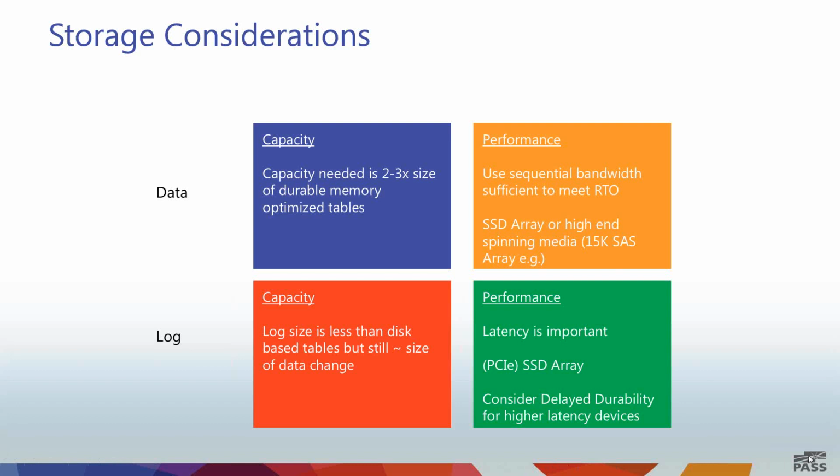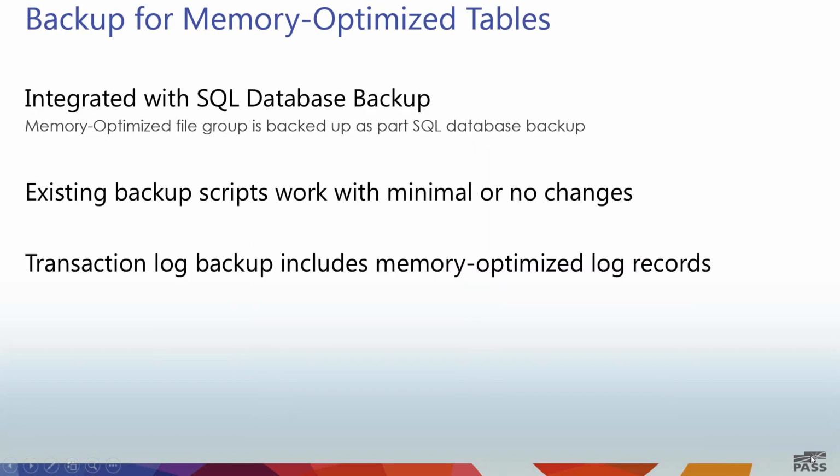So let's go to the next slide on backup. Backup for memory optimized tables is fully integrated with SQL database backup. The new file group is backed up as part of your database backup. If you do a full backup of your database, the file group is just going to be there. Differential backup is also supported.